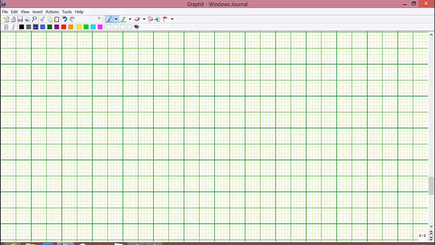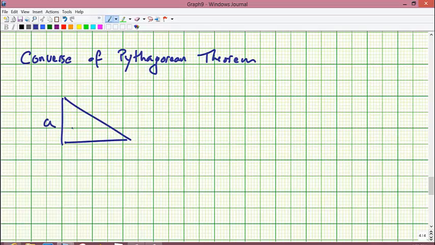The converse of the Pythagorean theorem states that if you have a triangle of sides a, b and c, where a squared plus b squared equals c squared, then the angle between a and b is a right angle, and it's a right triangle. Okay, so the logic is reversed.